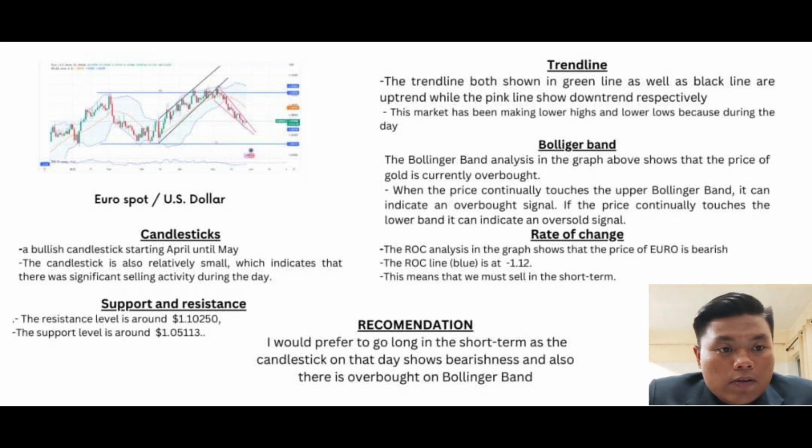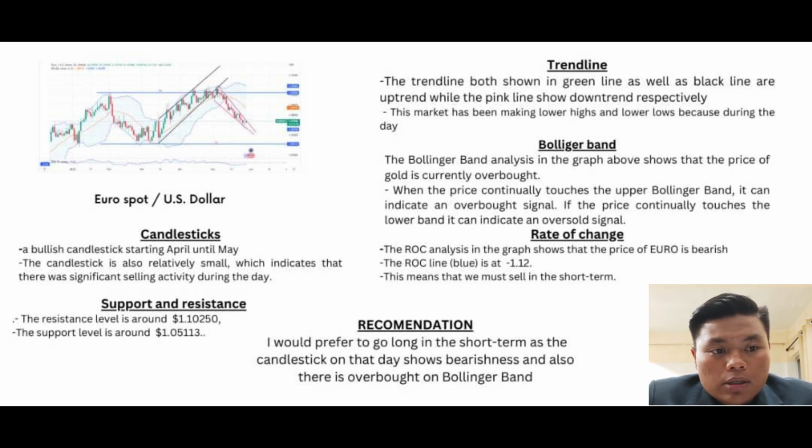The fourth one is for Bollinger Band. The Bollinger Band analysis in the graph shows the price for Euro USD is currently overbought. This is because the price is currently trending above the Bollinger Band, the orange line, which indicates that it's overvalued at the moment.